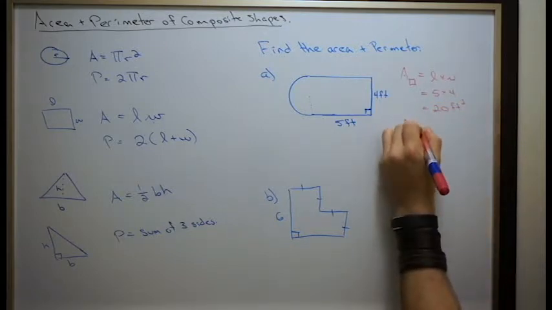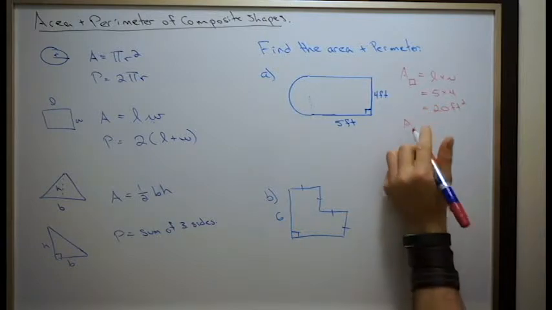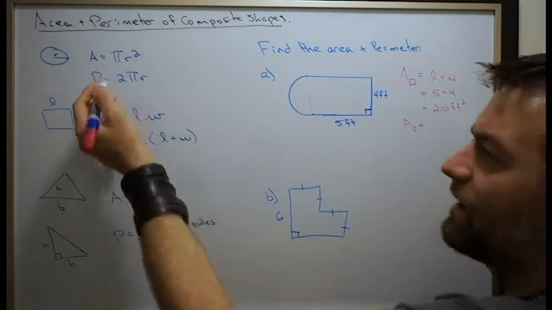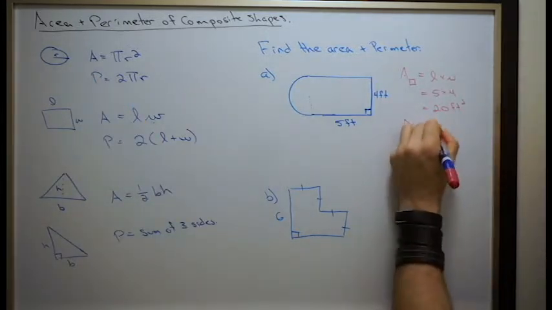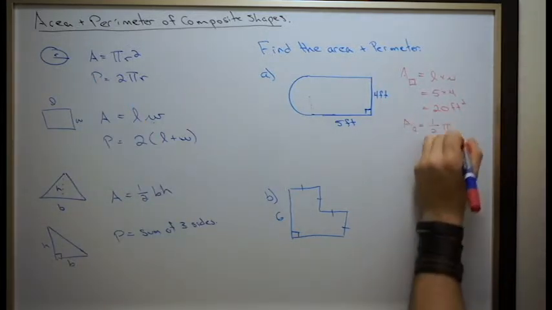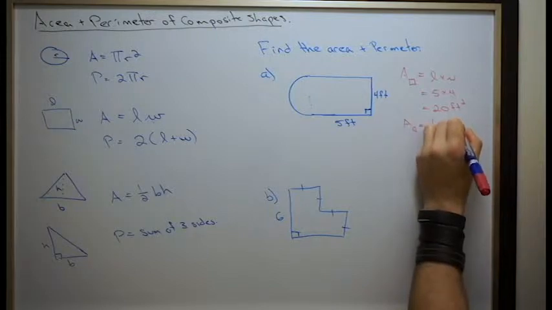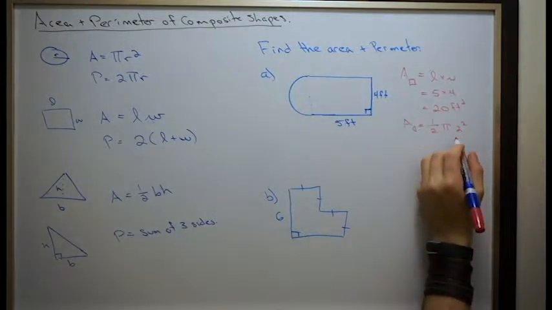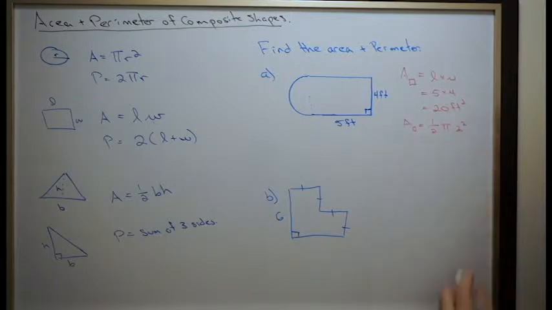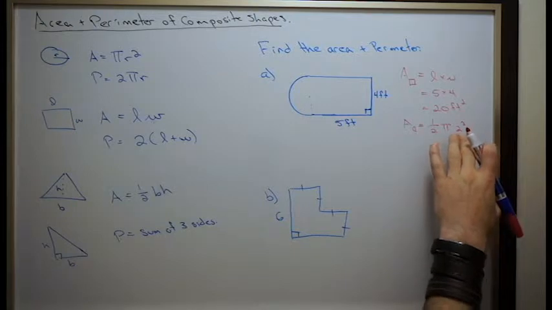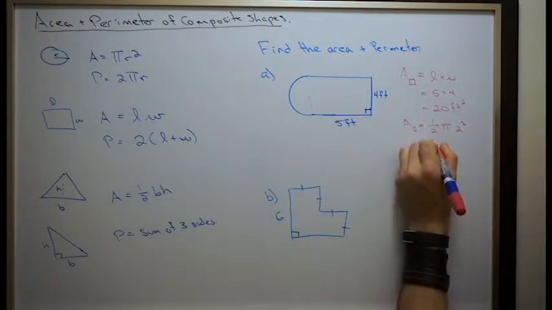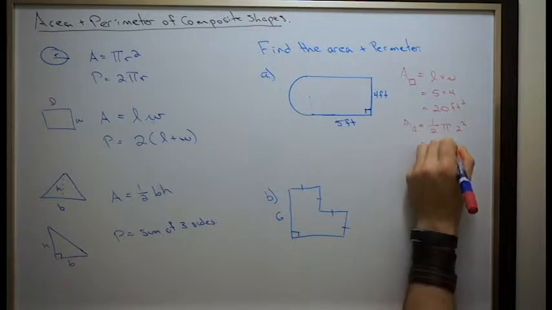And then our area of the semicircle is 1/2 the area of a circle, so 1/2 pi times the radius, which is 2, squared. And so we have 1/2 times pi times 2 squared. 2 squared is 4, and half of 4 is going to be 2, so we have 2 times pi, or 6.24.